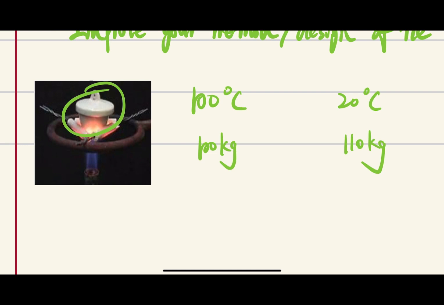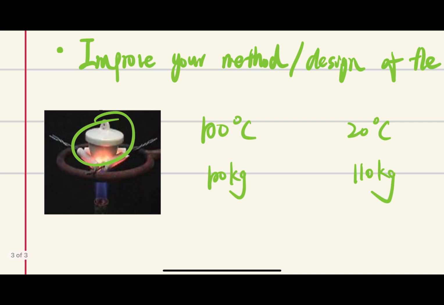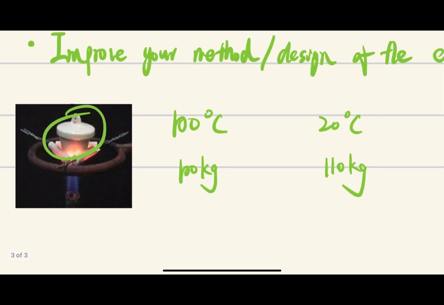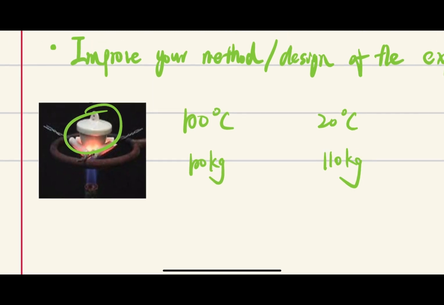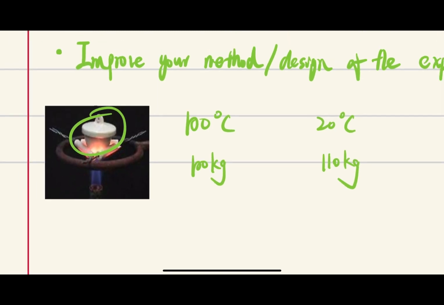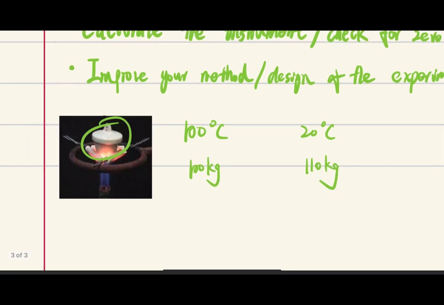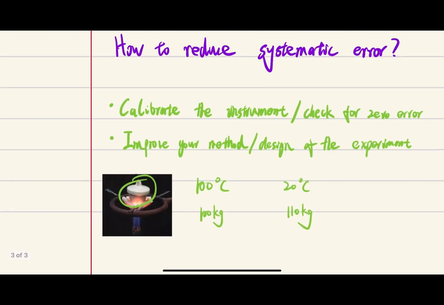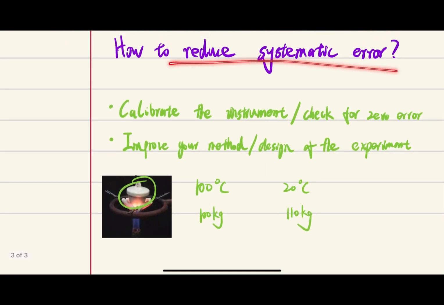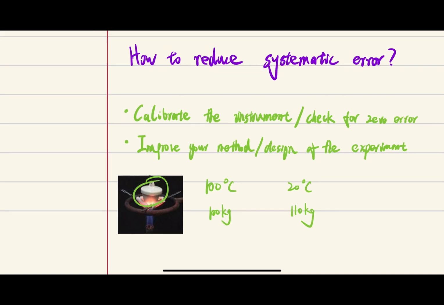But if you always measure it right after you heat it up, the value that you get for your mass will always be lower, and that creates a systematic error. You have to improve your method in order to reduce your systematic error.